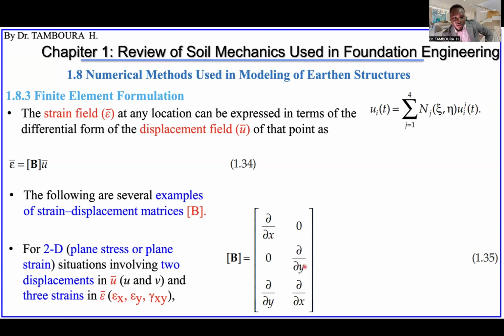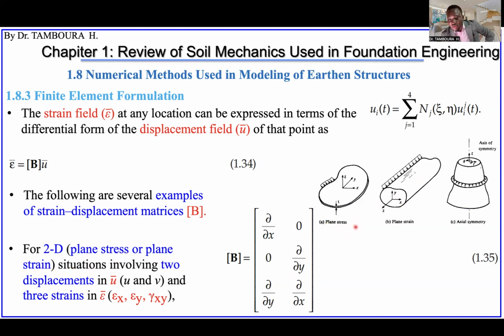The strain displacement matrix B is expressed here, in X, Y, and here Y and X. Okay, using the partial derivatives. So you can obtain the three components of the strain. Okay, so if you don't know the meaning of plane strain, here is an example.